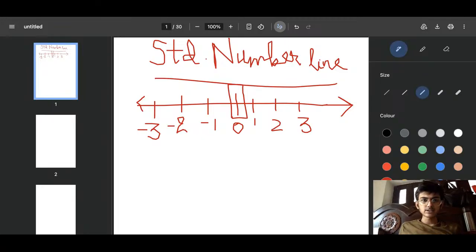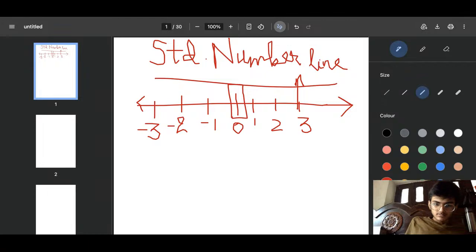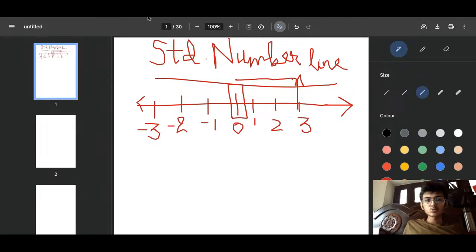Because suppose we are standing here, and as we move in the left direction, what is happening? The value is decreasing. You can see this is not that advanced a thing. The value is decreasing. So 3 is decreasing, decreasing, and here it resets to 2, then to 1, and then to 0. So actually, what is 0?